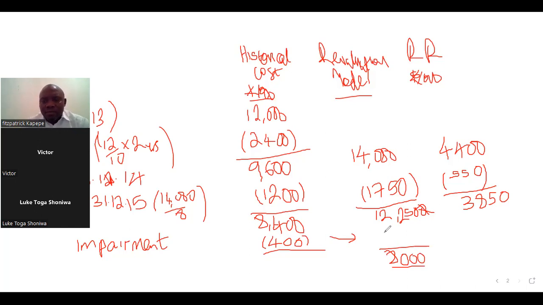For 250. Which would be like this. So 250 minus 400, how much do you get on impairment? Because that would be your net impairment.